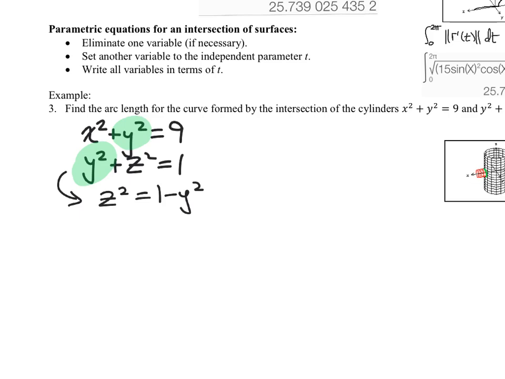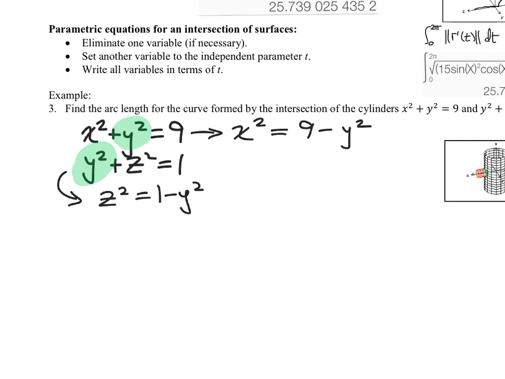All right, so z in terms of y. Okay, that's cool. I could also solve this one for x squared in terms of y: 9 minus z squared, 9 minus y squared. The only thing is I don't have anything for y squared, right?